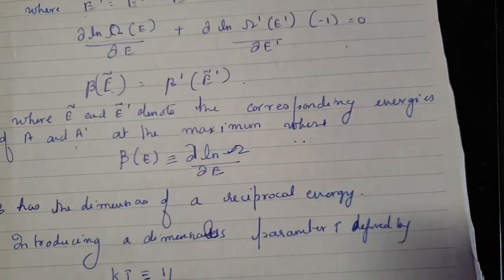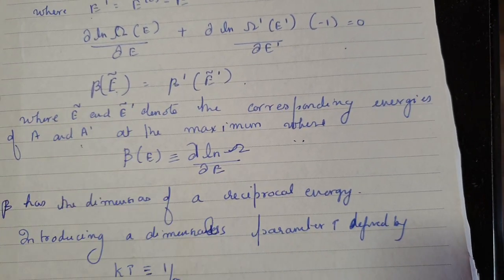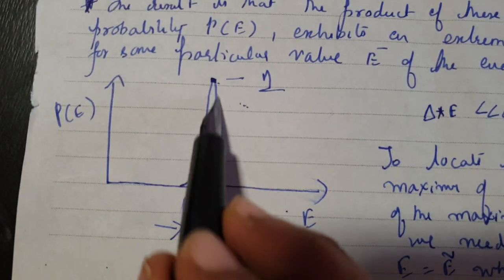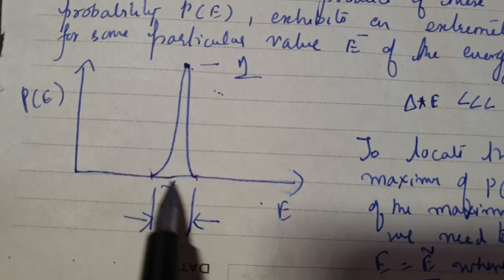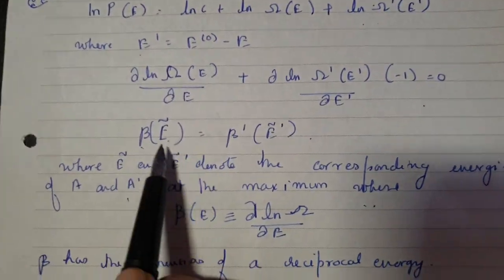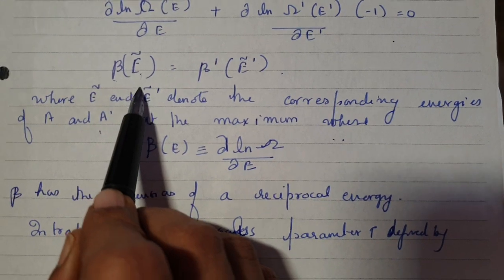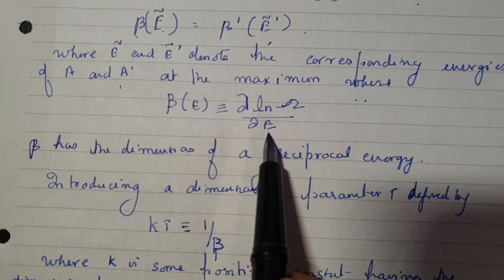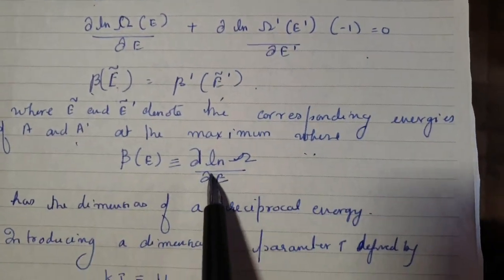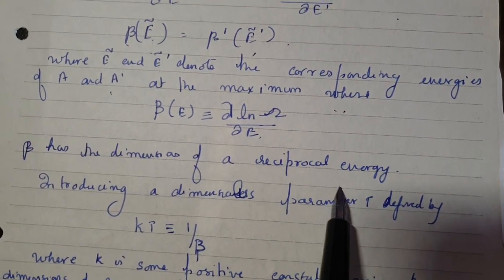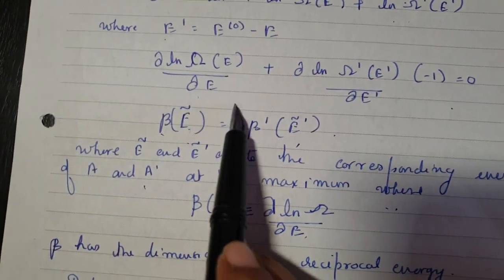This tilde symbol represents the range where P(E) is going to be maximum. I am writing this in terms of one constant beta and beta dash, corresponding to system A and system A dash, defined as d ln omega by dE. Beta has the dimension of reciprocal energy, so I am just putting this whole thing as a constant.